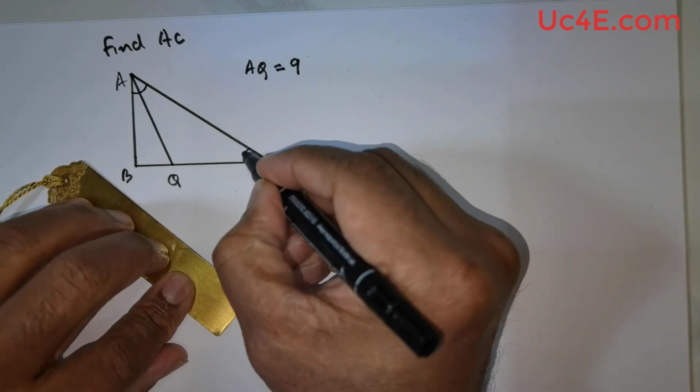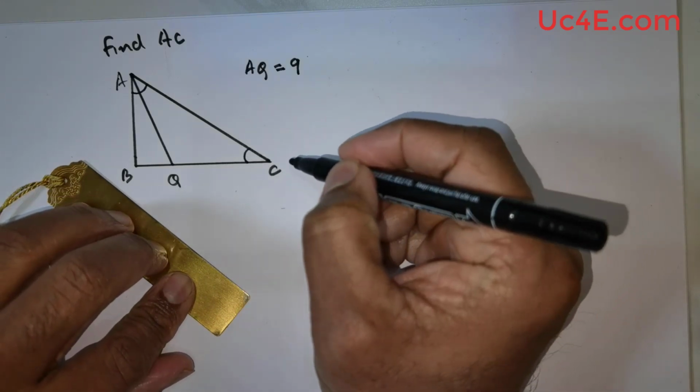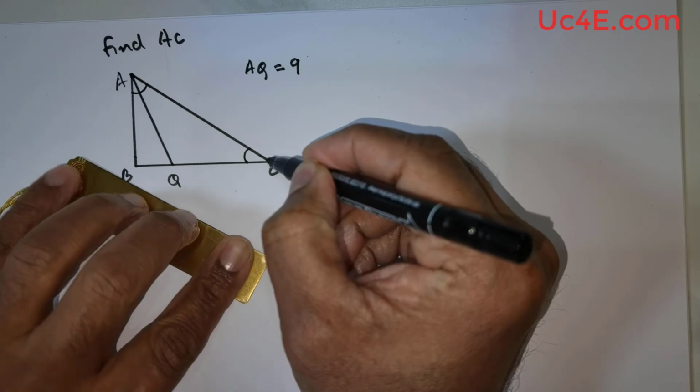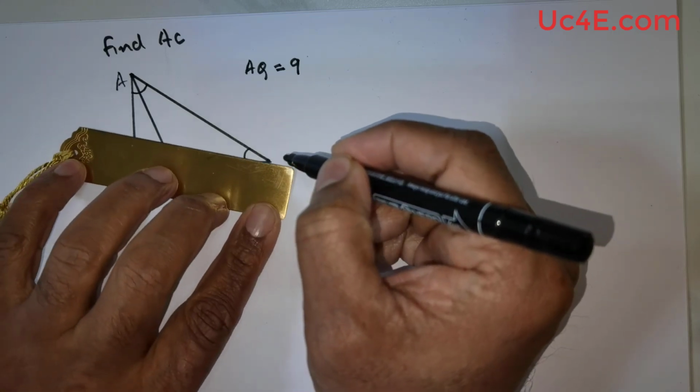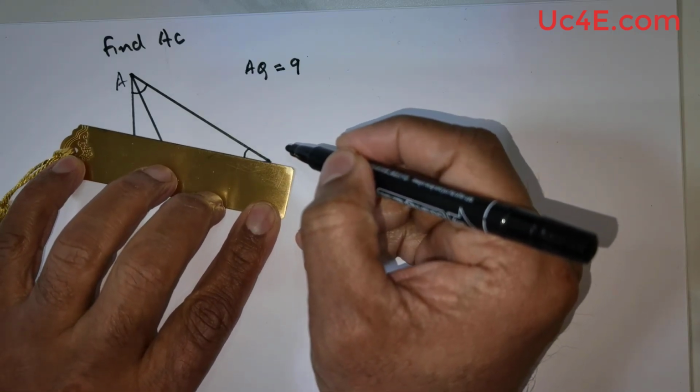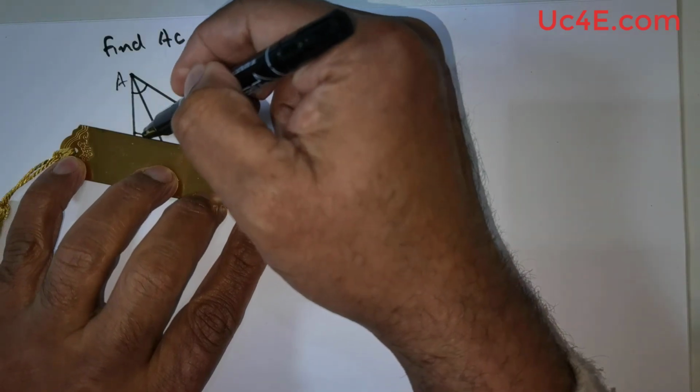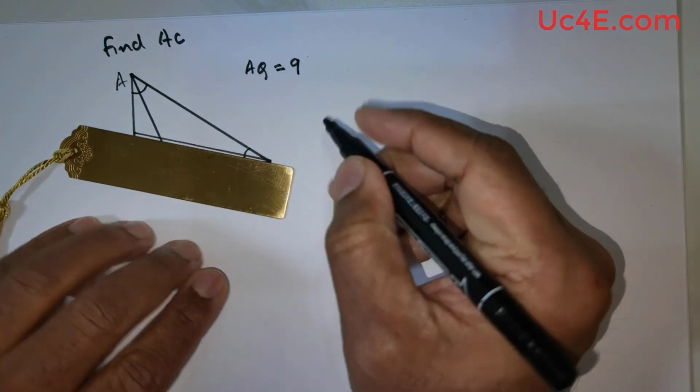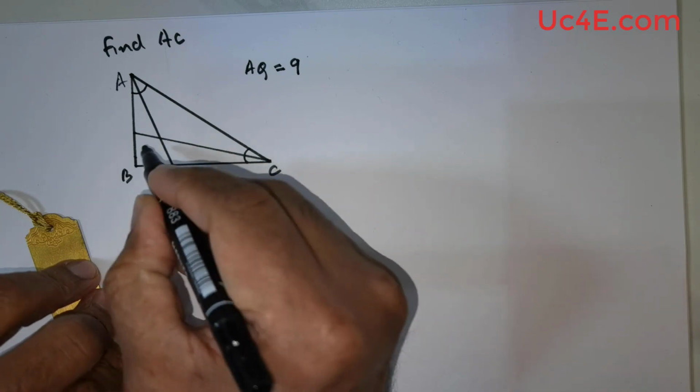Now there is also another angle bisector which bisects C, and that is PC.